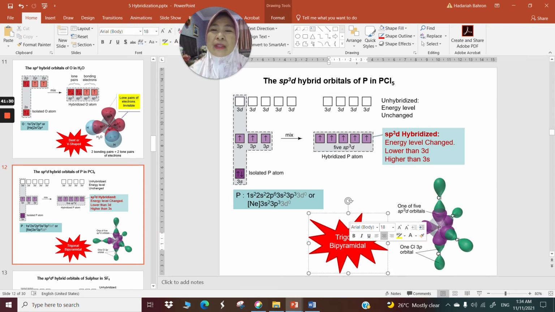If you remember the VSEPR, when you have 5 bonds arranging themselves around one central atom, it is going to make a trigonal bipyramidal.